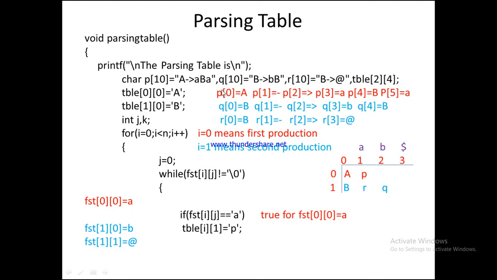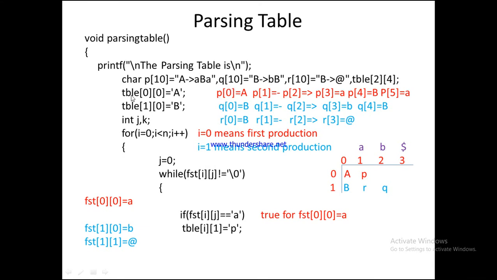Like that, P will hold the first production, Q will hold the second production, and R will have the alternative production for the same non-terminal B. Whatever I have written in the red color is for the A production. Whatever is in blue color is for the B production. So this is for the A production, and these two are for the B production. They will be stored in P, Q, R in the respective arrays.